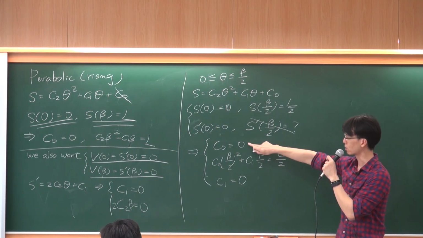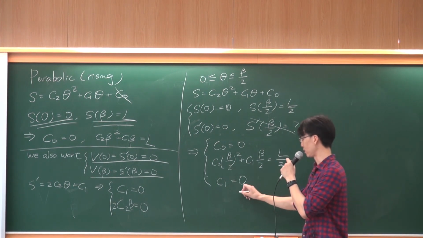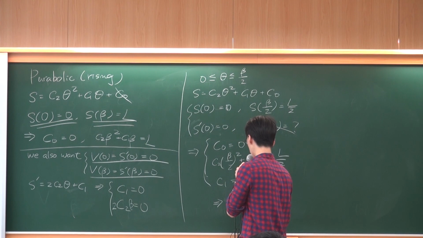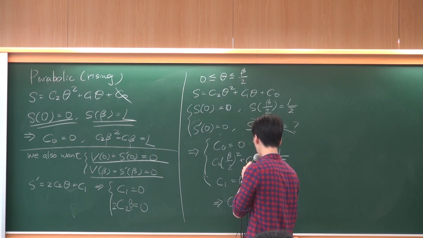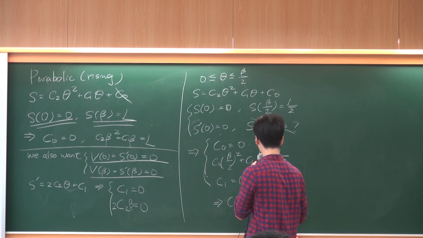Right now, C0 is 0, C1 is 0, so you can quickly obtain C2.